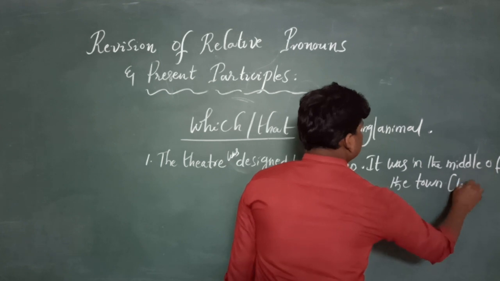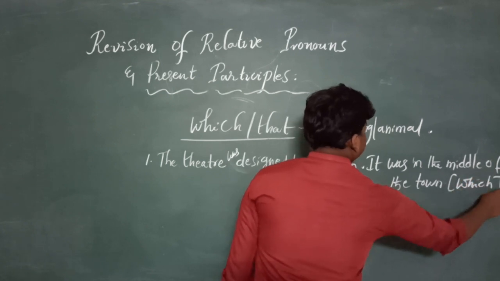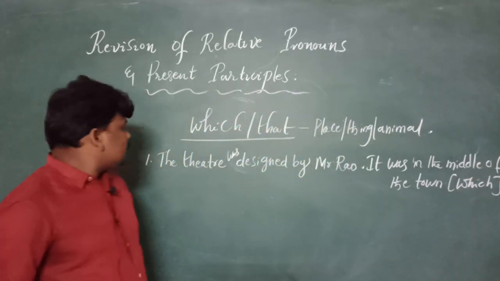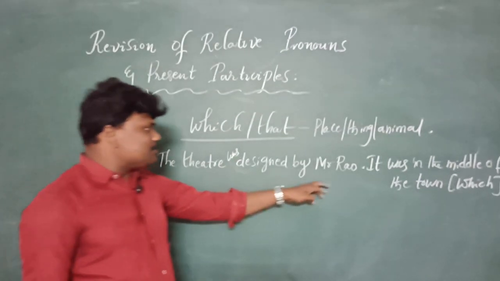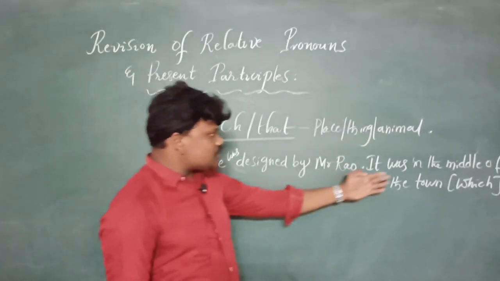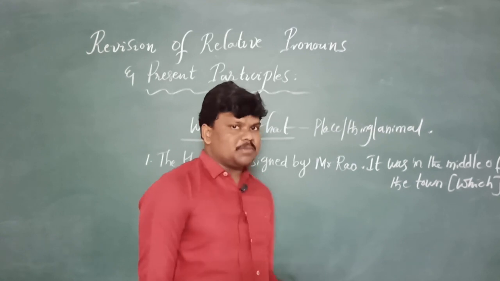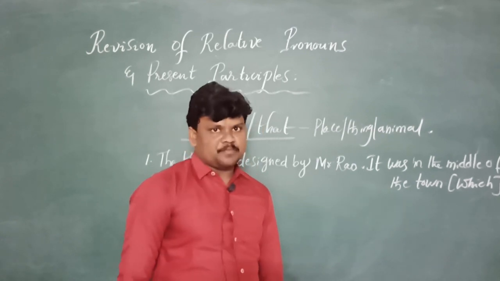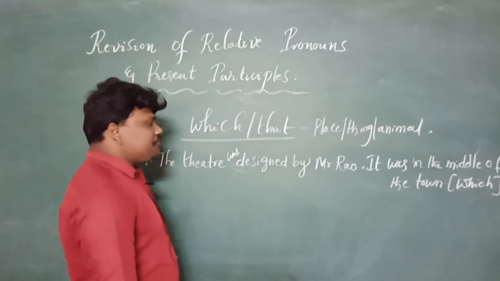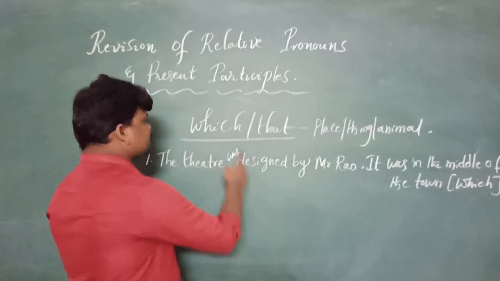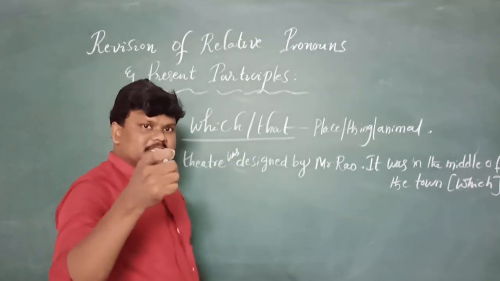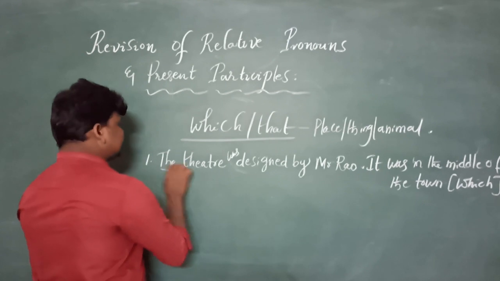We need to combine the two sentences with which. Yes, the theater was designed by Mr. Rao. It was in the middle of the town. We need to combine these two sentences with which. And if we want to combine the sentences with which, we need to depend on the first sentence, which is called the theater.